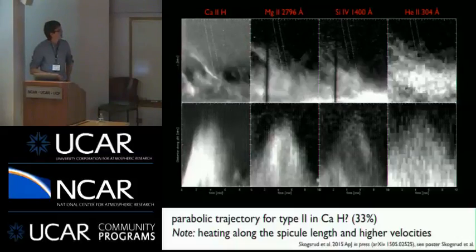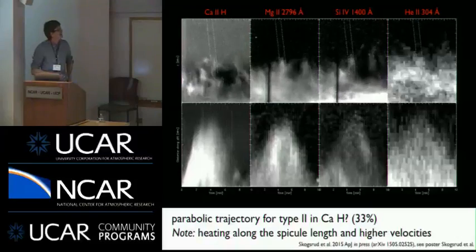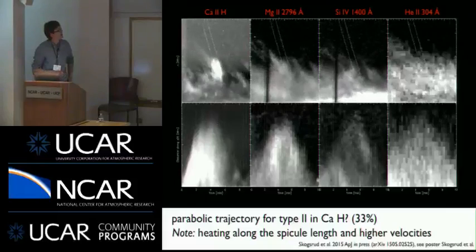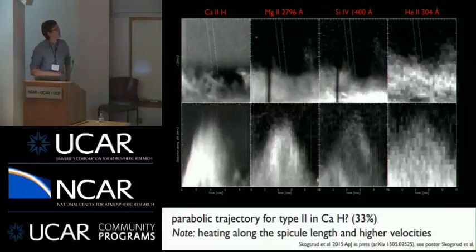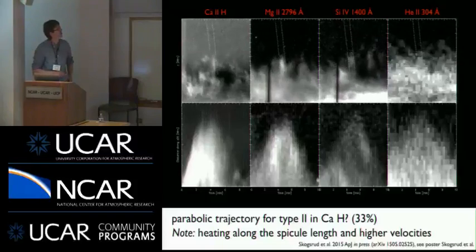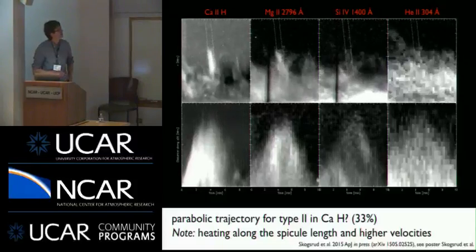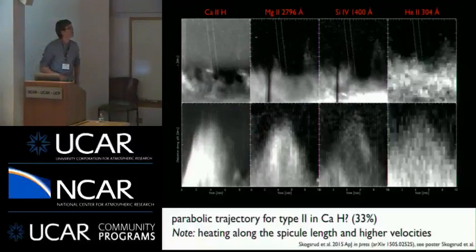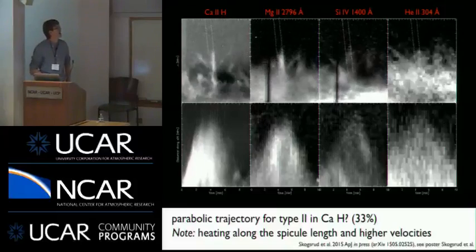And we can only see this in calcium 8 because we know that the spicule is here. So we could follow the spicule because we know the position from the magnesium line, and then we could trace a very faint signal in calcium 8.